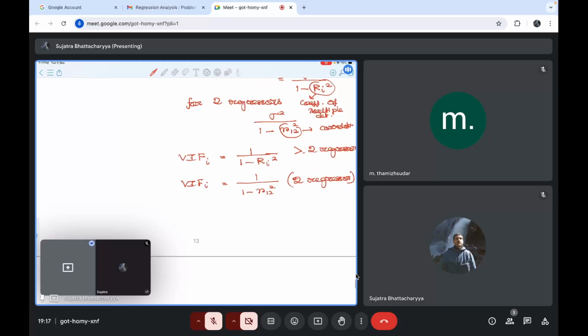Now, what is the criterion? If your VIF is greater than or equal to 5, it indicates multicollinearity.